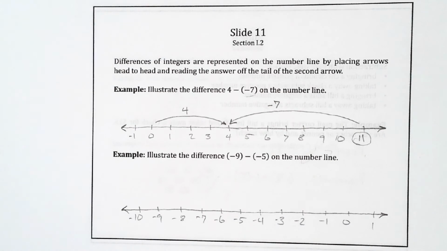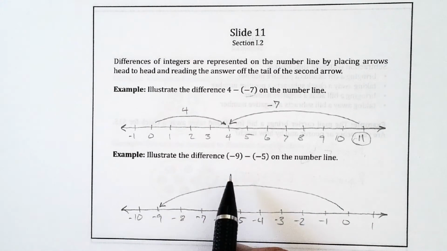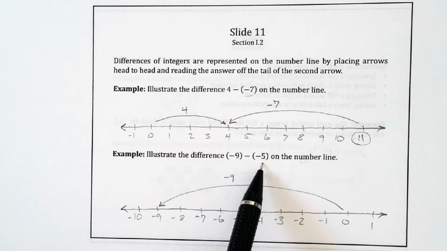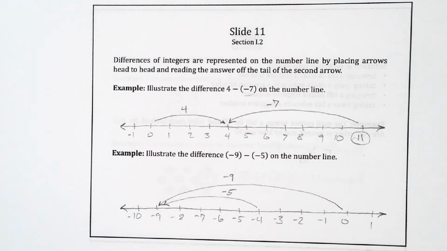So we begin with an arrow representing negative 9. Points from 0 to negative 9. Now I need an arrow representing negative 5, and I want to place it head to head with this arrow. So again, I'm going to count up 5 units. That gets us to negative 4. And there's the negative 5. And here's the answer. Negative 4.